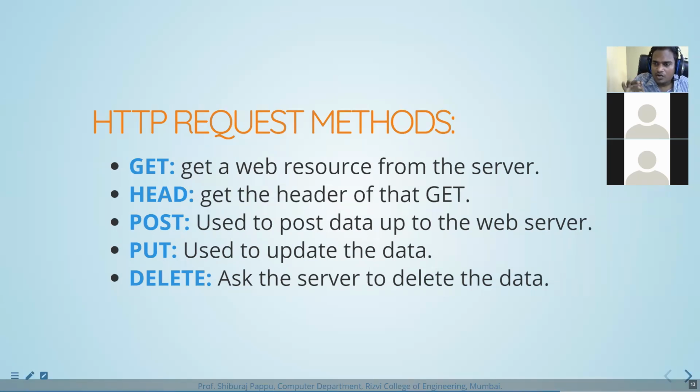In most cases we will be using post only for that, but in REST architecture, whenever you want to update anything on the server, you use the method called put. And similarly, you must have understood what delete will be doing. Whenever you want to delete any resource, you use the delete method.